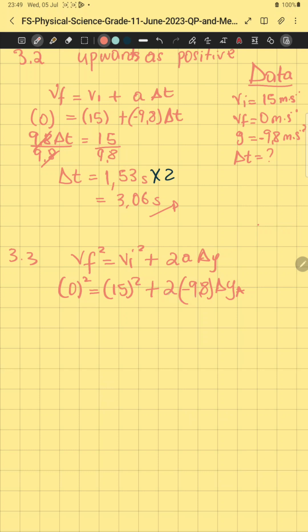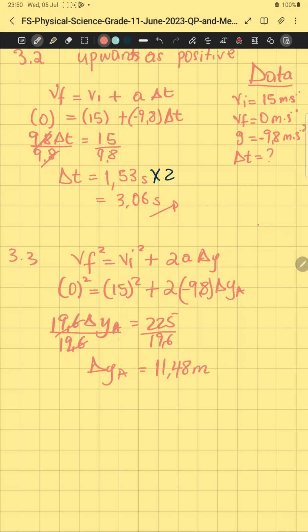So it's gonna be 2 times 9.8, which is negative 19.6, and we just transpose this answer here. So that means we're going to get 19.6 delta y a is equal to 15 squared, which must be 225. We just divide both sides by 19.6, therefore delta y of a, the height, must be 11.48 meters.